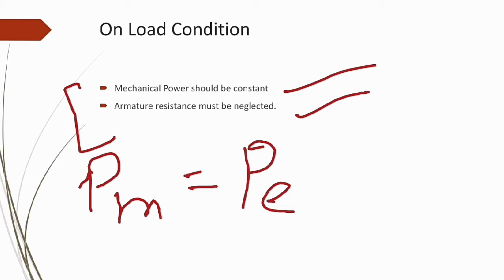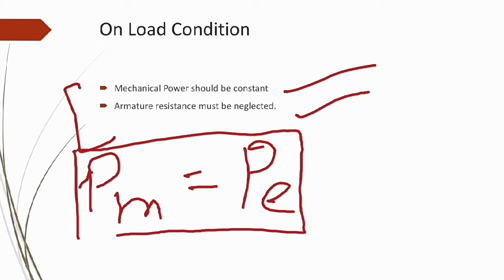So PE equals PM in case of the steady state condition, or in case of stability. Here we do the variation of the excitation.